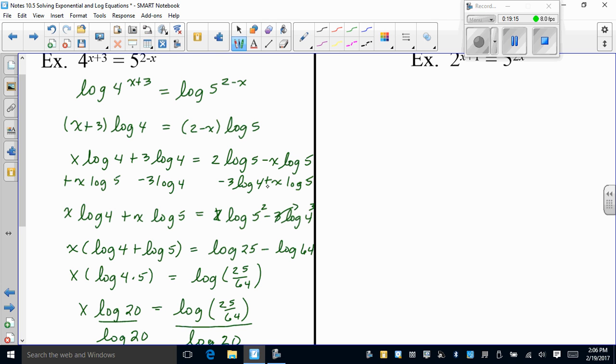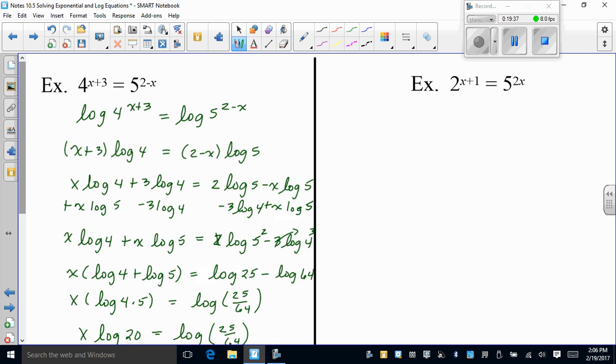Factored out my x's. On this side, I moved my powers back up, so I didn't have the powers to worry about anymore. This was a minus, so it's a division. This is plus, so it's multiplication, and we simplified it and got it down to something we can work with. If we have to, we can go through one of these problems in class.